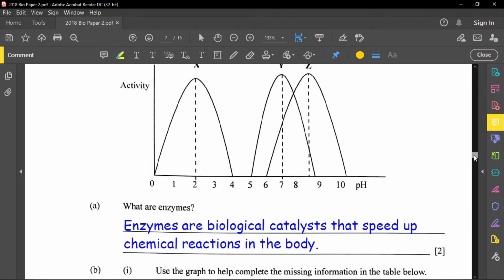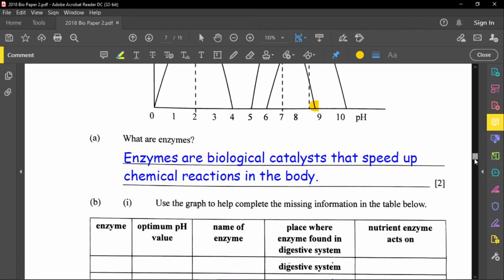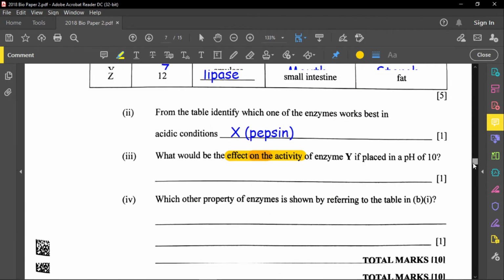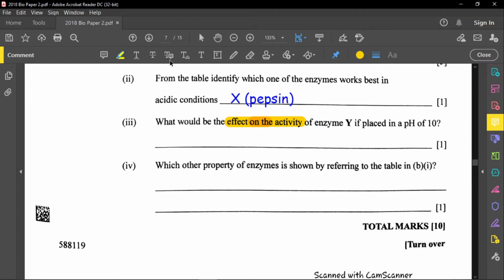So let's go to enzyme Y. Notice enzyme Y actually stops when it reaches a pH of almost 9, or say a pH of 9. So if it reaches 10, it's going to be the same thing, which means there's no reaction or no activity. Even though we know the reason behind this is that the enzyme will become denatured, that's not the answer, because we're looking at the effect on the activity.